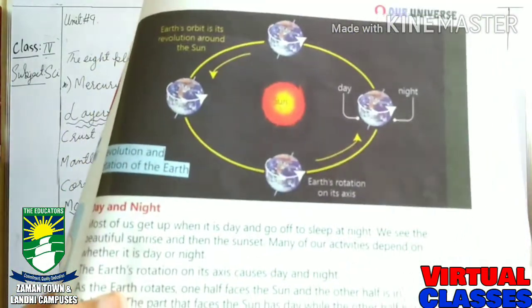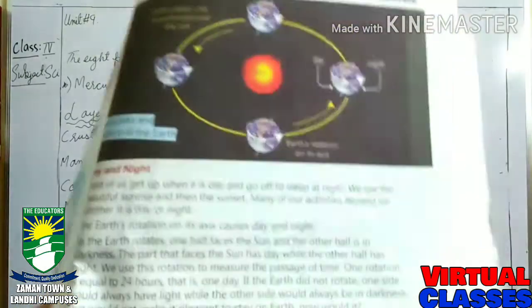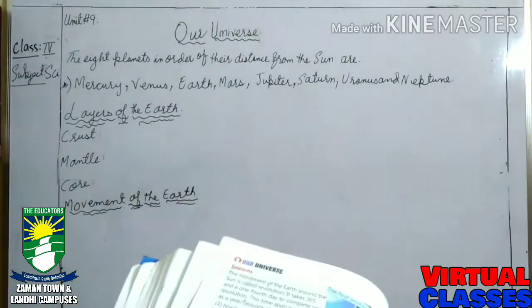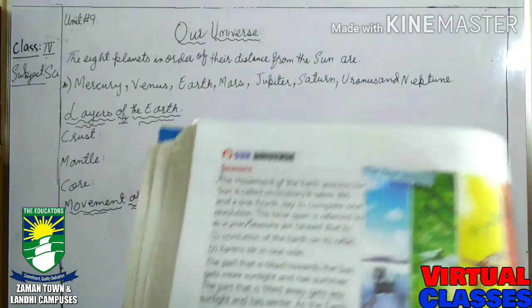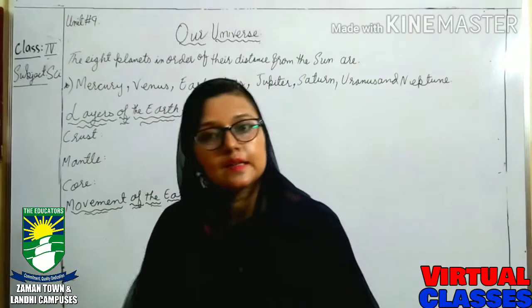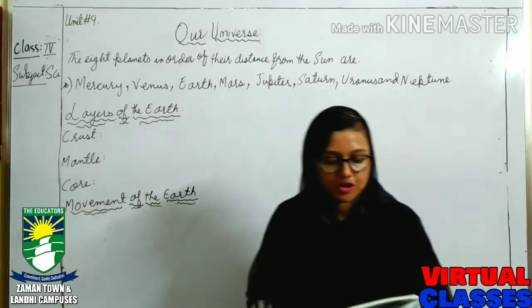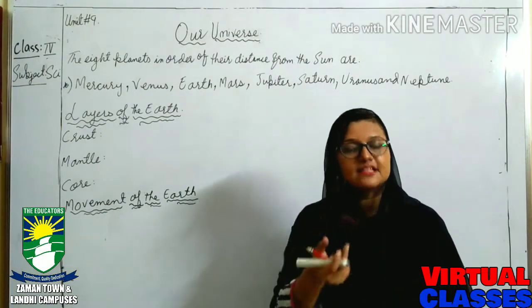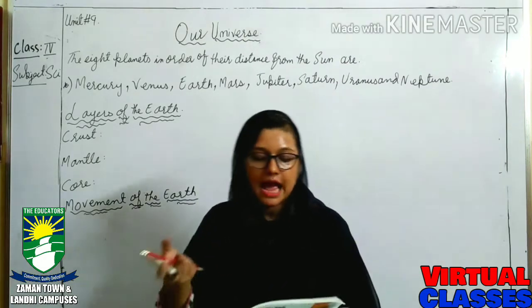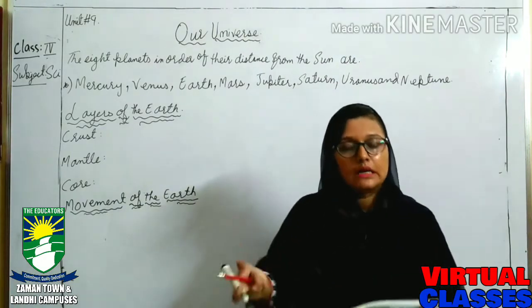Now turn to page number 82. Now, seasons. The movement of the earth around the sun is called revolution. Seasons are caused by the revolution of the earth on its orbit, and the earth is tilted to one side.